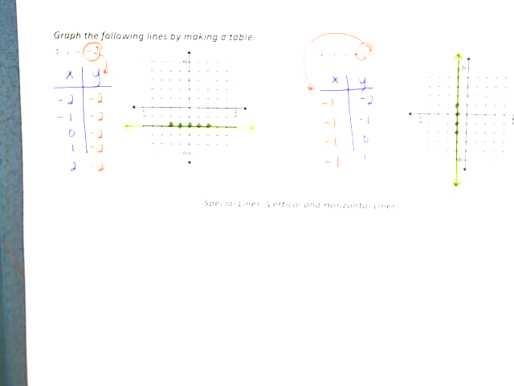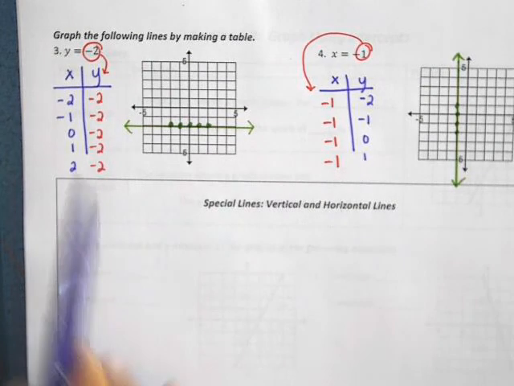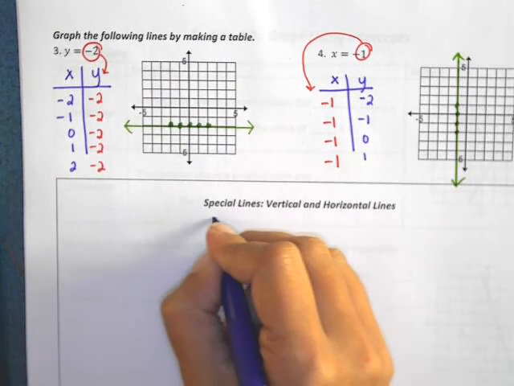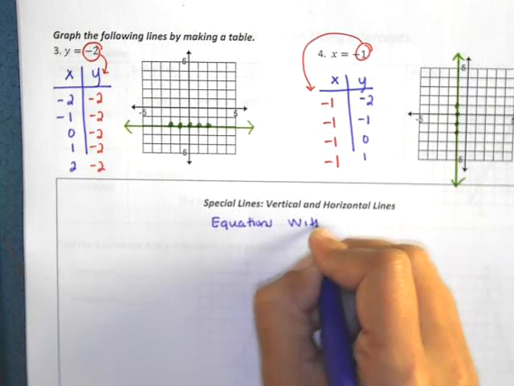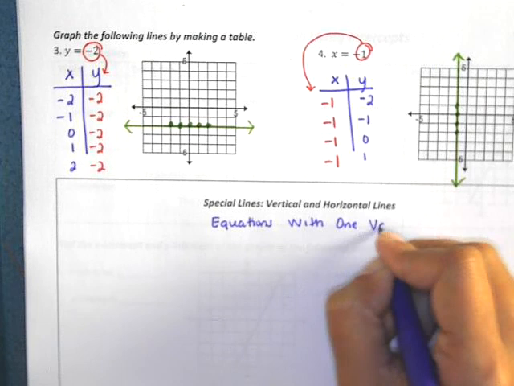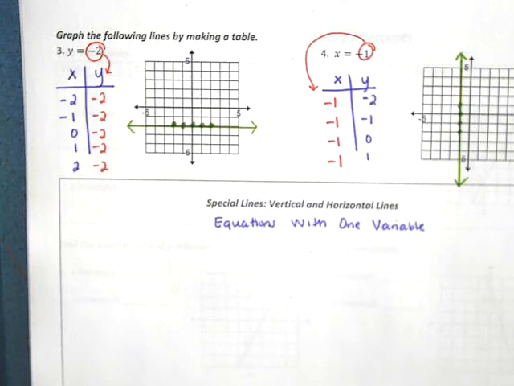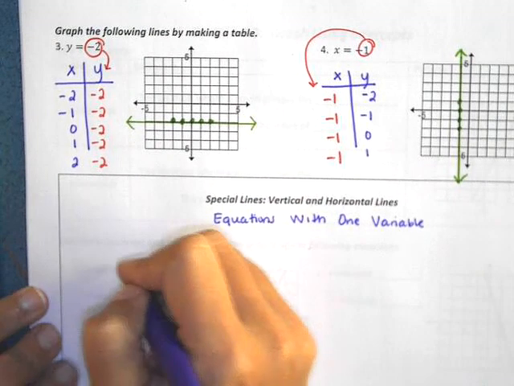So what the heck is going on here? Well, we call these special lines, and we have a special word to help us remember how to graph these so that we don't have to make a table like this every time. When you see an equation with only one variable, so for example, problem number 3 only had a y, and problem number 4 only had an x, we use an acronym, which means it's like letters that have special meanings, to help us remember how to graph them.